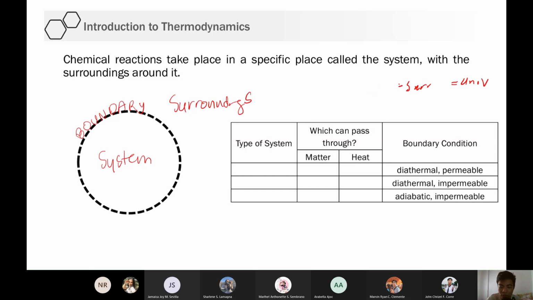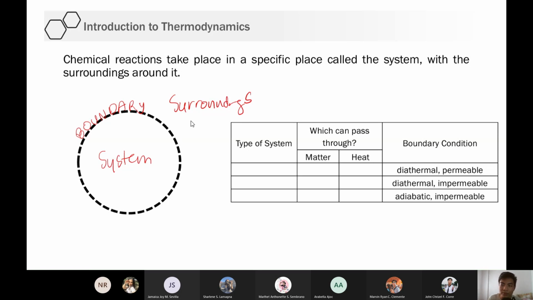Sa buong universe. Ibig sabihin, kunwari gumagawa ako ng chemical reaction sa bote, yung ginagawa sa Mars, surroundings yon. Kasi pag sinabi ng surroundings, it doesn't matter if malapit ka sa system or malayo. Yung black hole sa labas ng solar system natin, surroundings din yon.